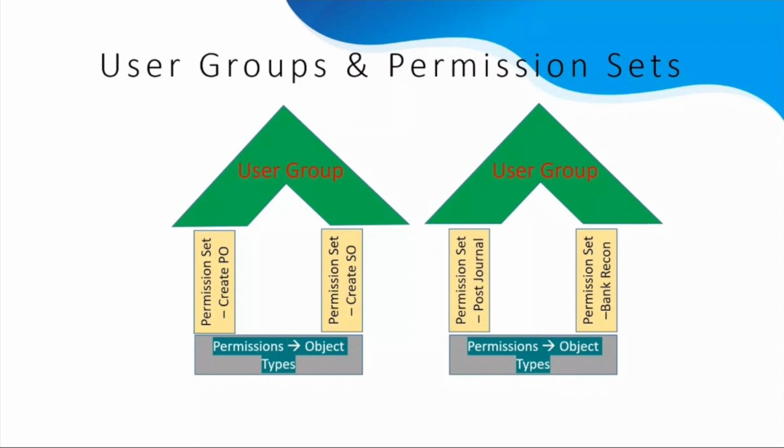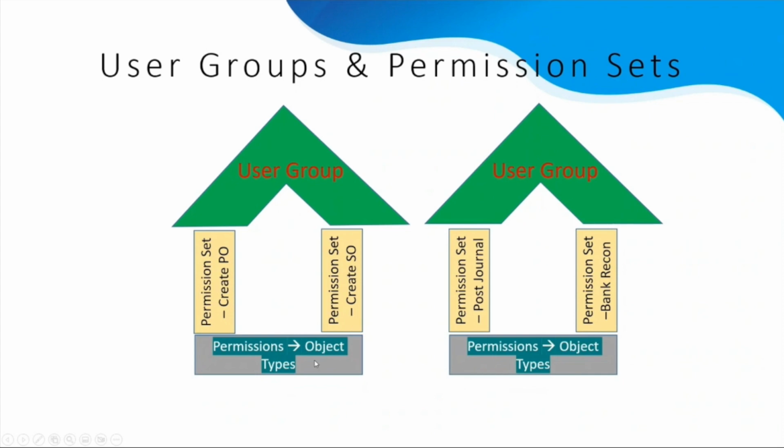And within your permission sets, you have the different permissions. That's where you specify to which table or to which page you want to allow a user to either read, modify, delete, or insert.